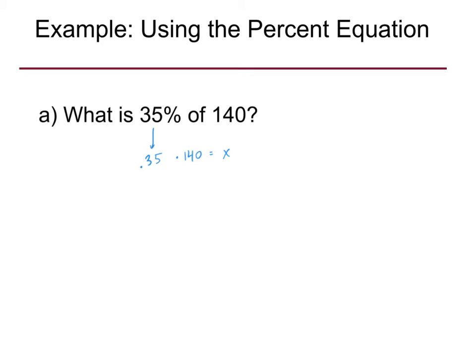So in this one, 0.35 times 140, and when I type that into my calculator, I get 49. So in this case, our unknown, our x, is equal to 49. 35% of 140 is 49, all right? You could very well write this as 35 over 100 equals x over 140. That is perfectly legit. If you prefer it that way, go for it.